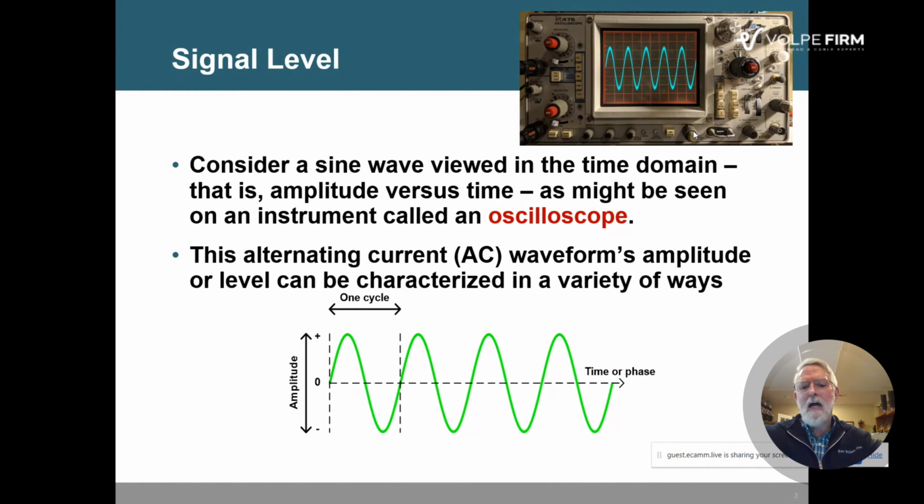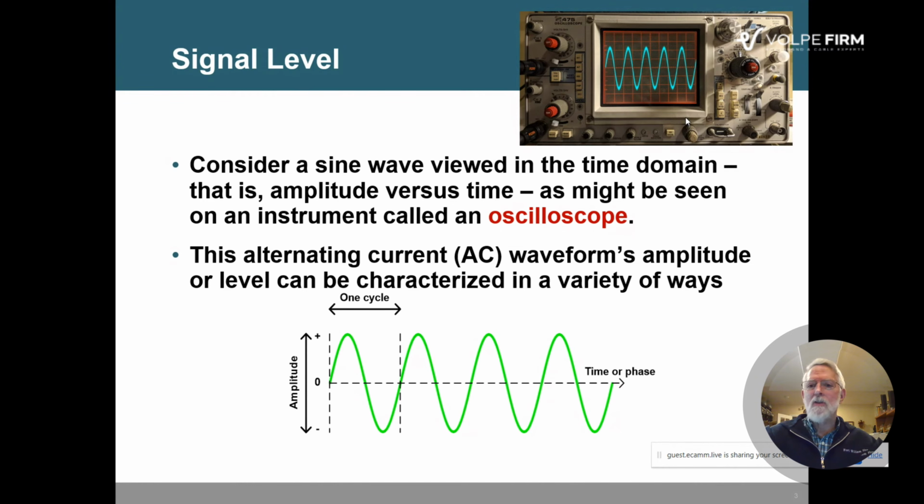So looking at the slide, you can see a graphical representation of a sine wave, and in this case, we can look at that and think about different ways we can characterize that sine wave. We can see the amplitude that's displayed on the left side of that. We can see an individual cycle that's highlighted with the graphic.